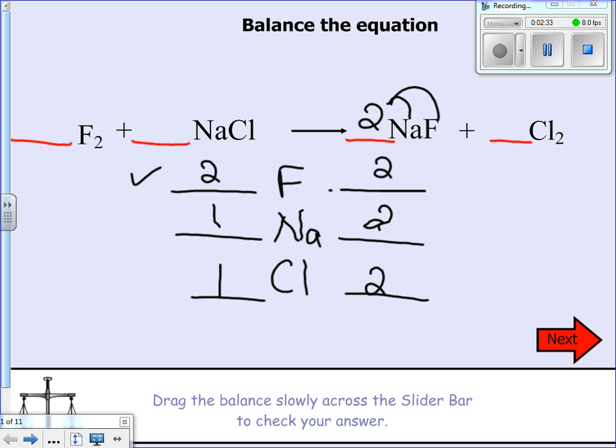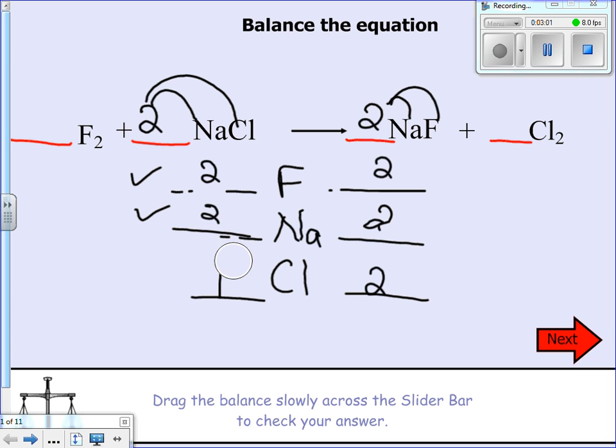Now sodium. We have 1 on the left and we have 2 on the right. So we need to go back and put a 2 now on the reactant side. So this becomes a 2. So our sodium is now balanced. And then if we look, the 2 on the reactant side, not only did it go to Na, but it also goes to Cl.